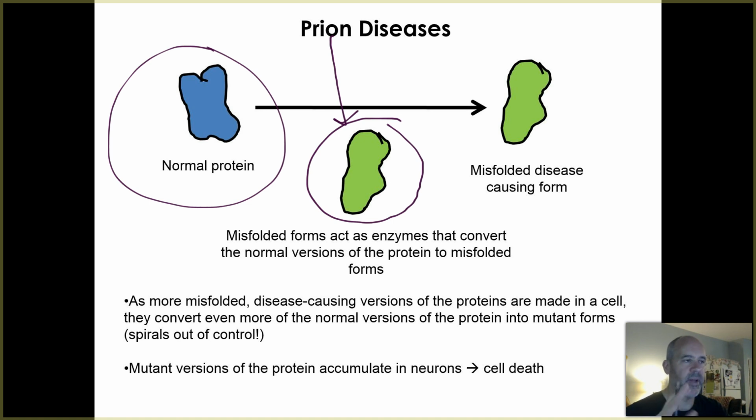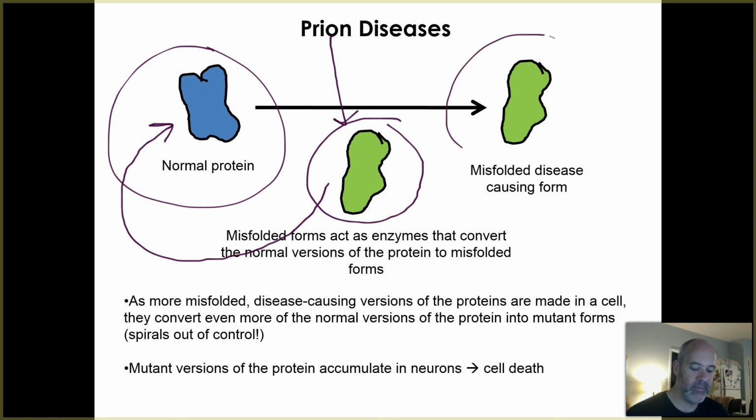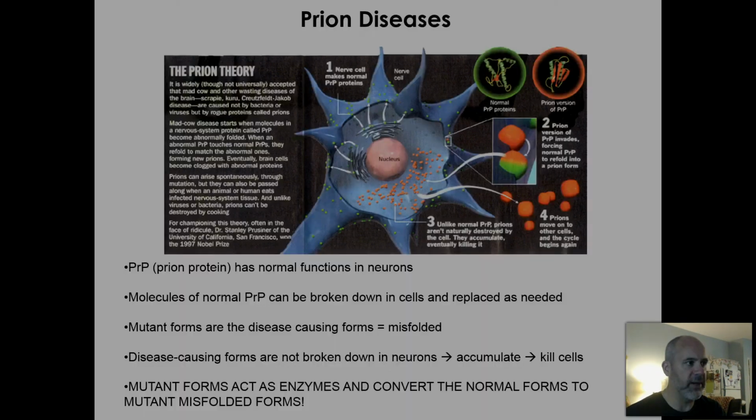So it's misshapen. And then these prion forms act as enzymes and convert other normal versions of the protein into the prion form. So again, they're kind of functioning like zombies, and then this spreads across neurons in the brain.